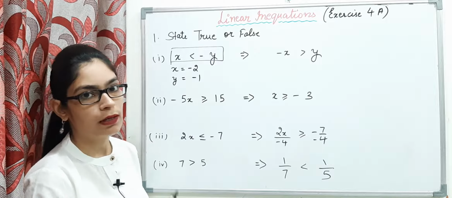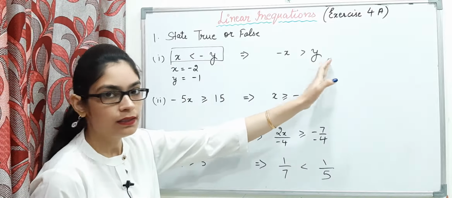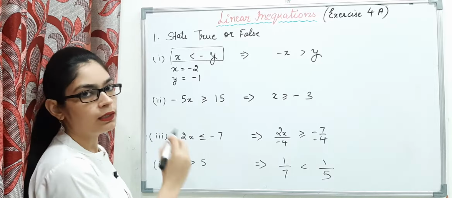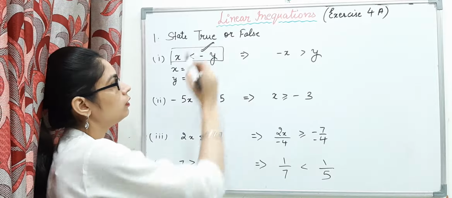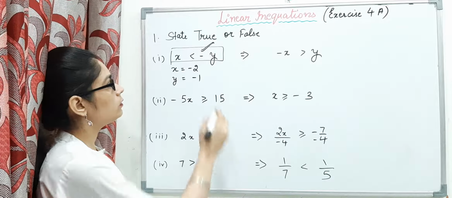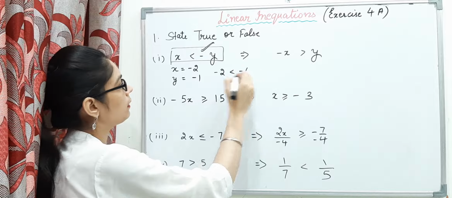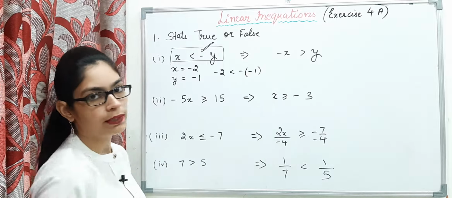So I have just assumed any two numbers which satisfy this inequation. So x is minus 2, less than minus y, y is minus 1.